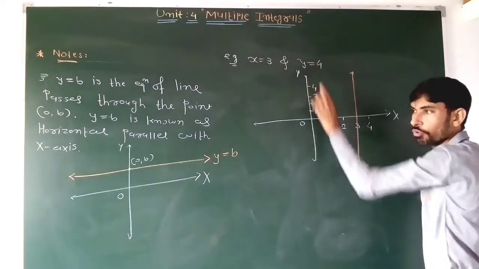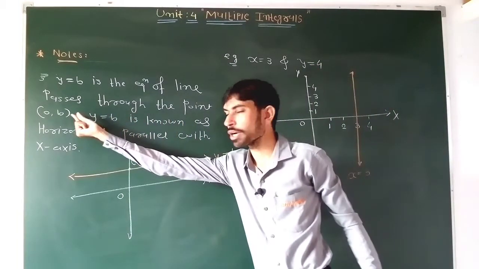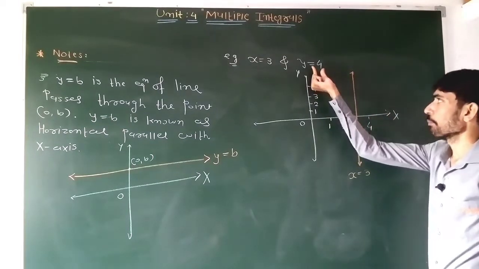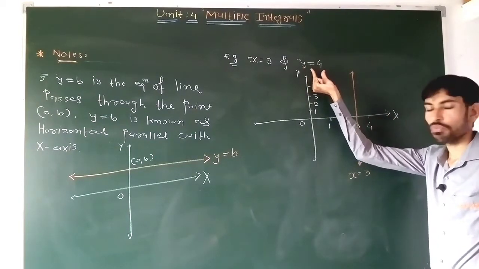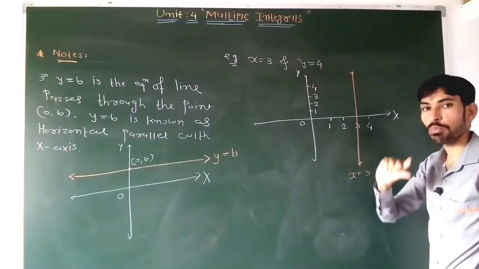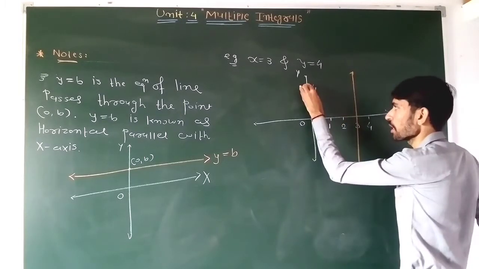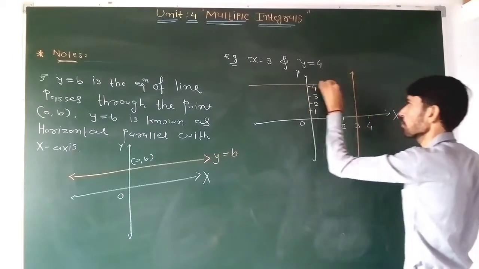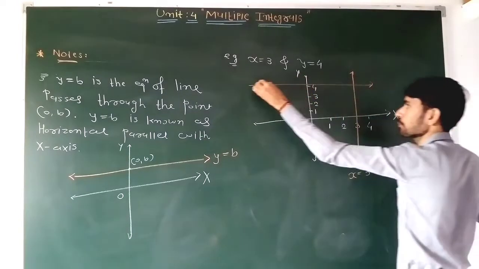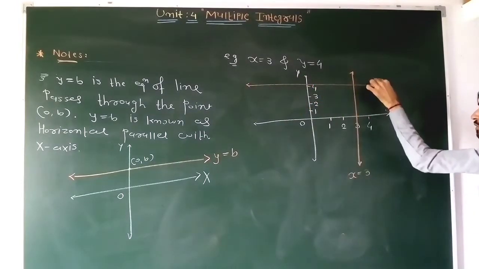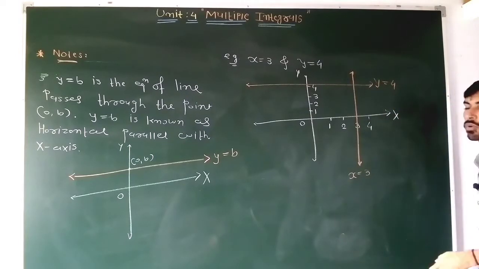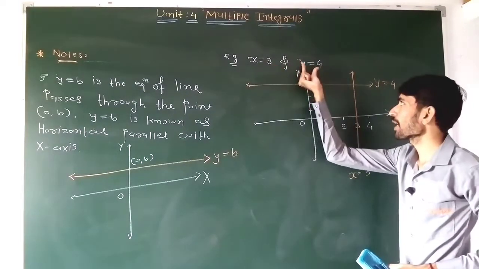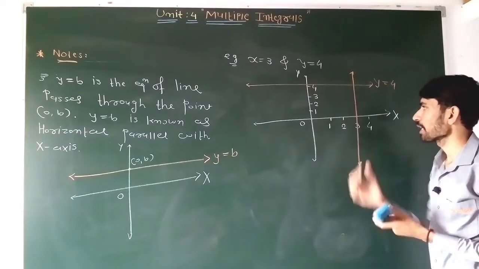Now y is equal to 4 is the equation of a line passing through the point (0, b), where b is 4. So y is equal to 4 passes through the point (0, 4). Here we draw the line through the point (0, 4). This is the line y is equal to 4. So x is equal to 3 and y is equal to 4 are the lines on the xy plane.